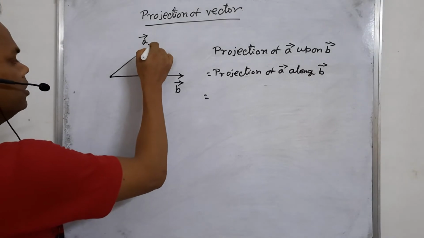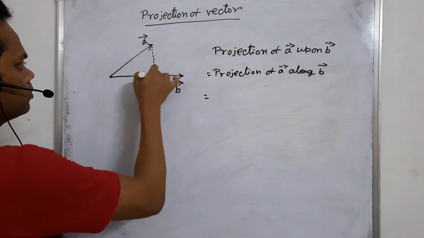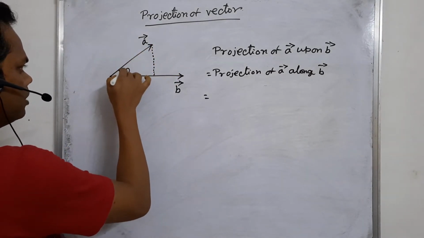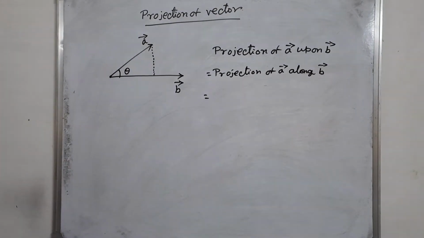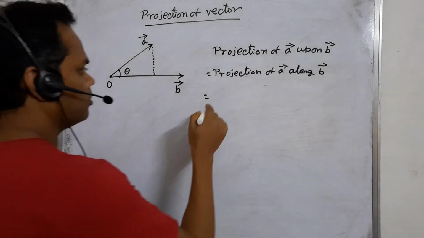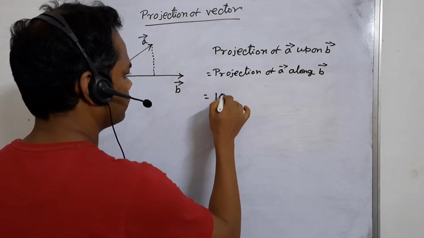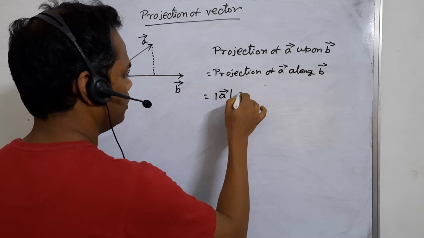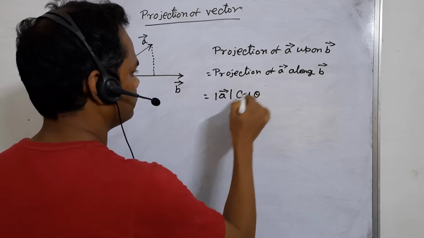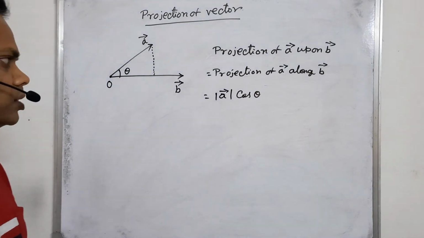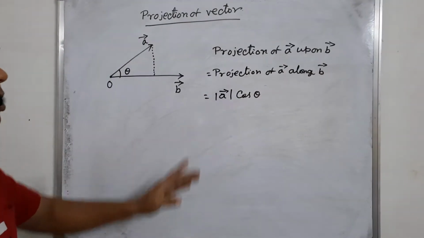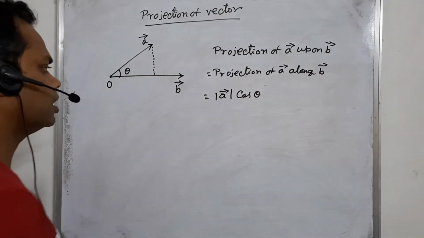Projection of a upon b: this one is the projection, and this one is the angle theta between the vectors a and b, which are co-initial vectors with O as the initial point. So the projection of a along b is modulus of a cos theta. This is the magnitude. Here modulus of a is a scalar part and cos theta is also a scalar part.